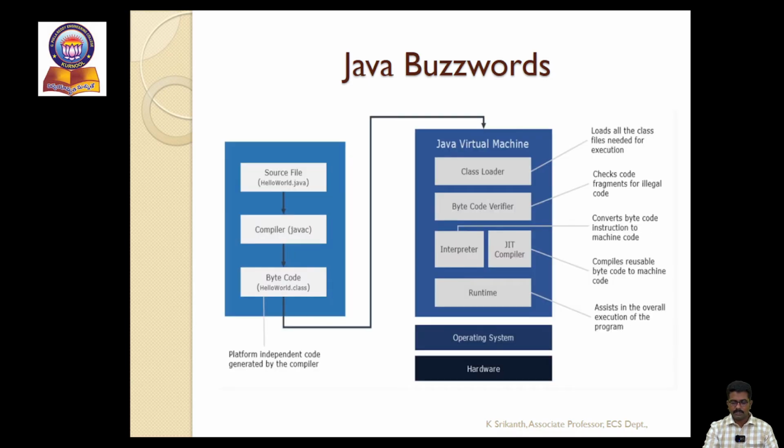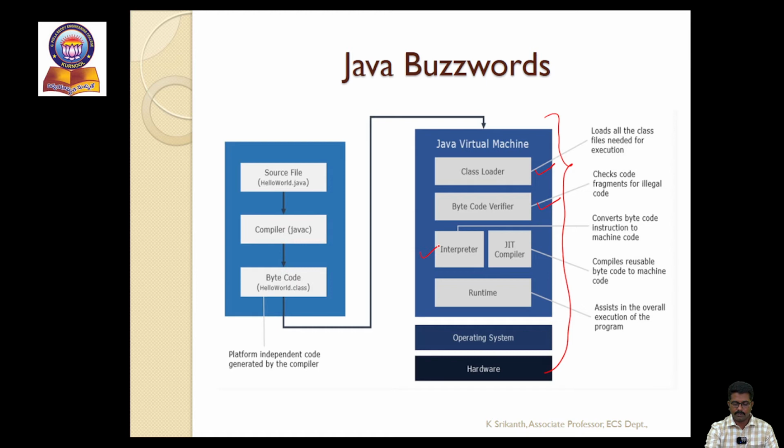And this picture gives what exactly the JVM consists of, which was already discussed in the last video. I just repeat the components of the Java Virtual Machine. One is the class loader, which loads the classes dynamically to run the application, and we have the bytecode verifier, which verifies whether the bytecode we generated is correct or not.